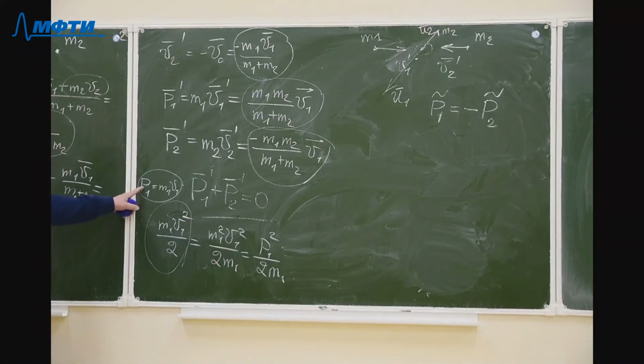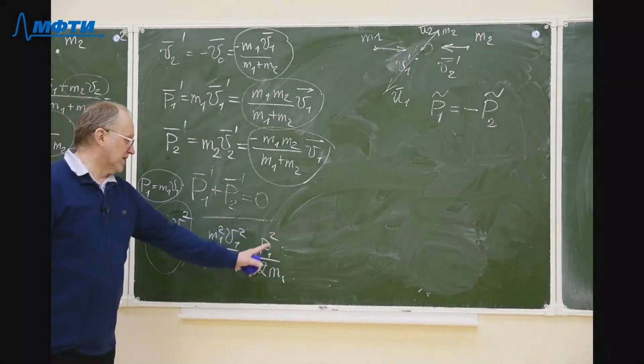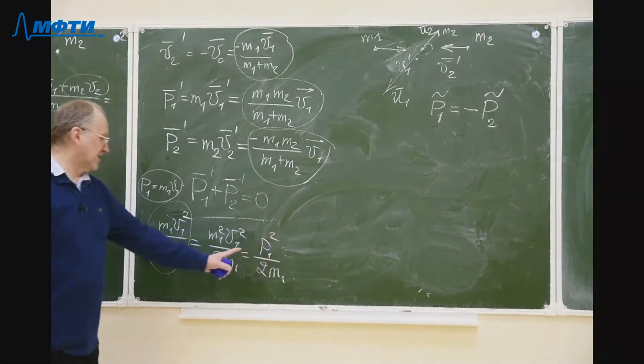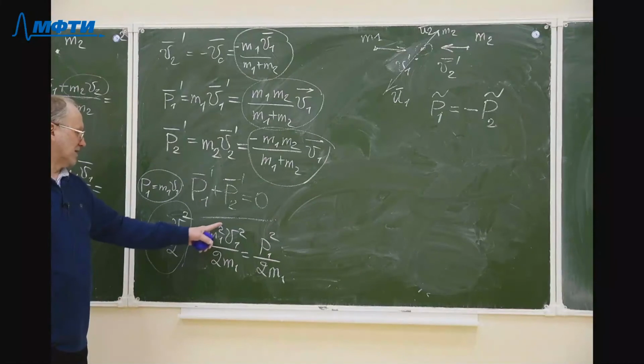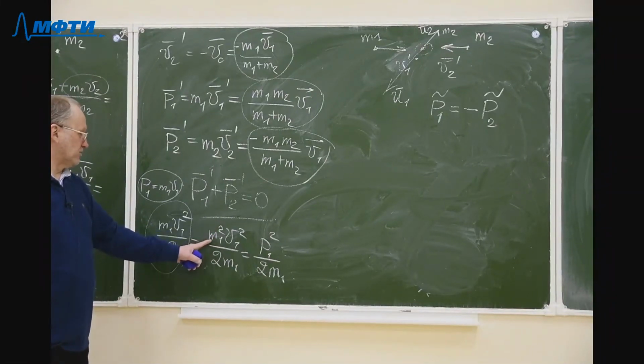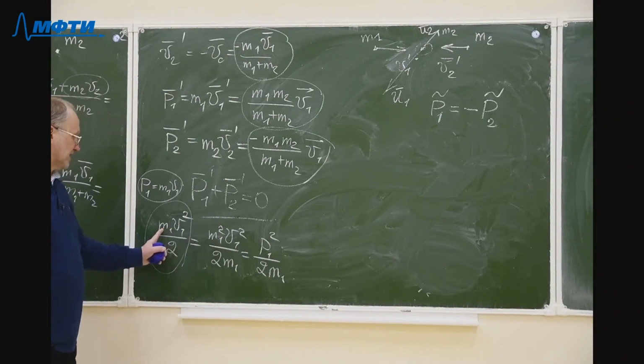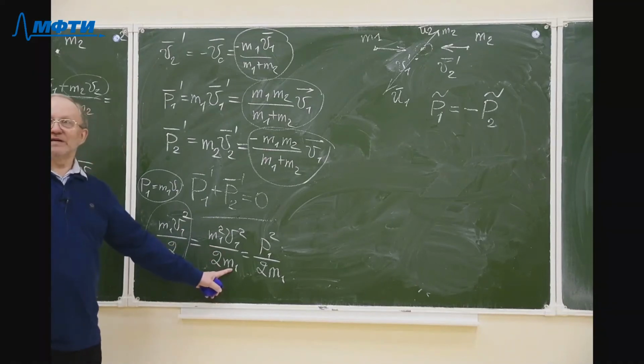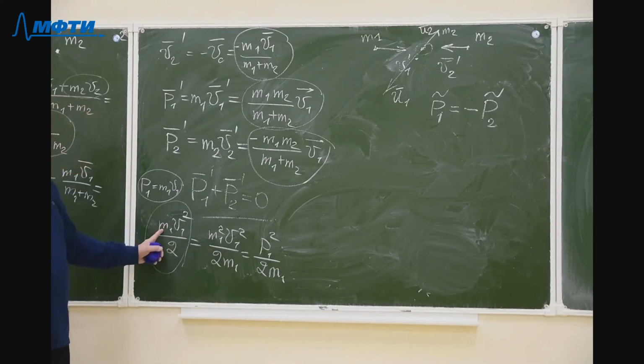As momentum equals m1 v1, I put here momentum squared. Momentum squared will give me velocity squared, mass squared. But in the kinetic energy, I don't need mass squared, I need just mass. So I have to divide by mass. So I will obtain mass times velocity squared.